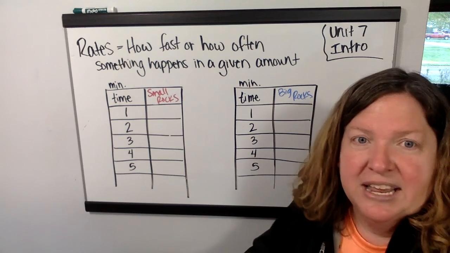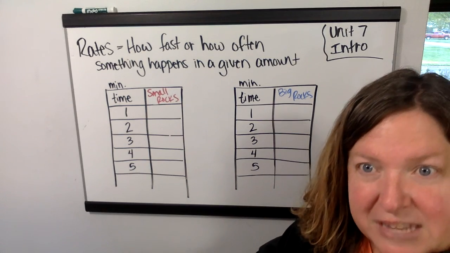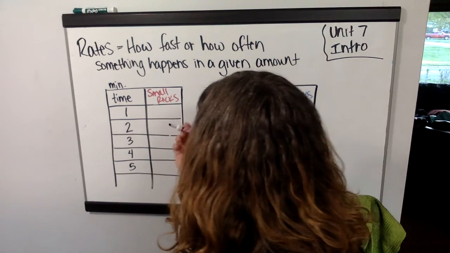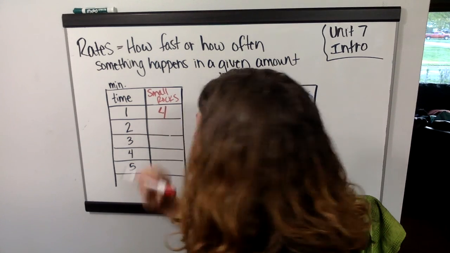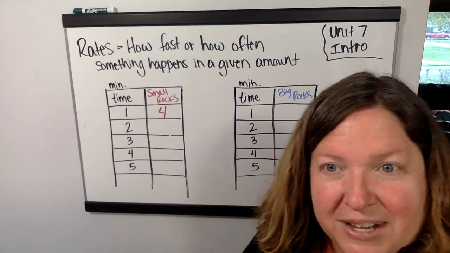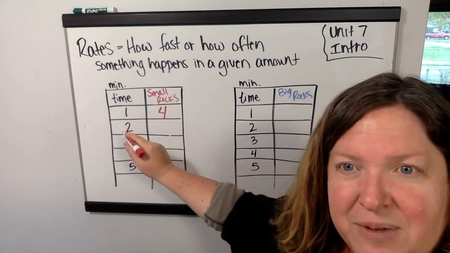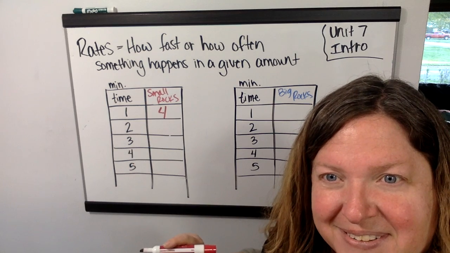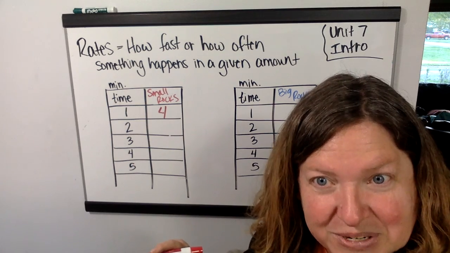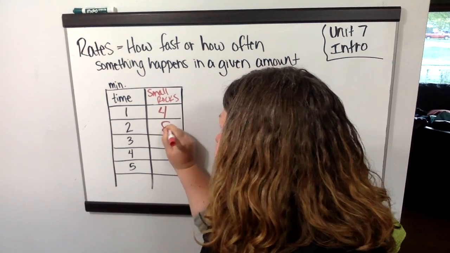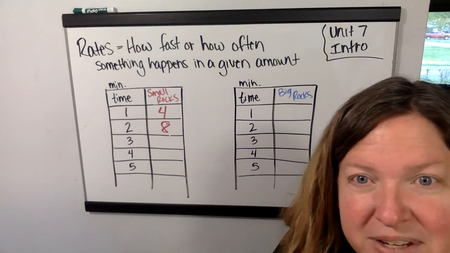So I'm going to say that as I was out walking, every minute passed and I found 4 small rocks. After 2 minutes, how many small rocks did I find? Well, I hope you're saying twice as many as that because it's 2 minutes now. So now I found 8 small rocks.